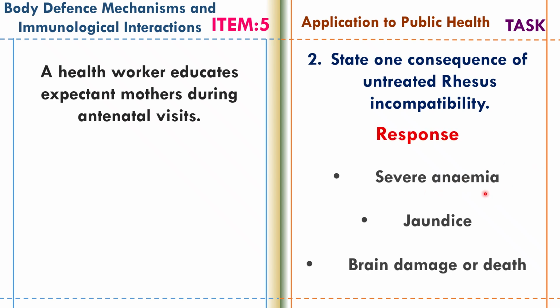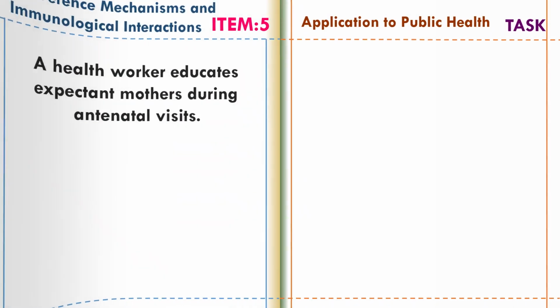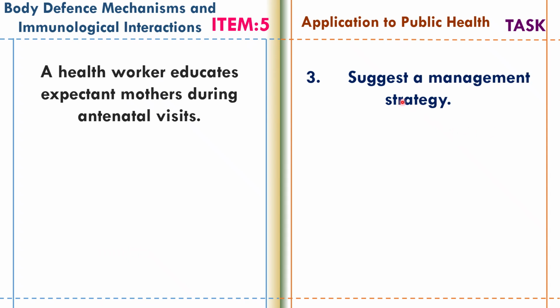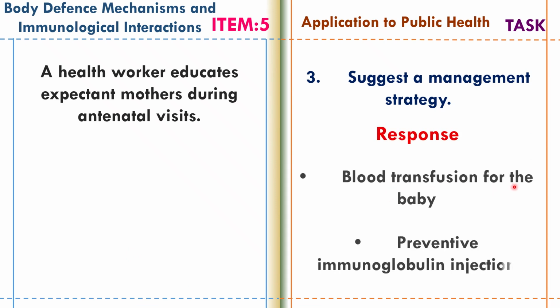Severe anemia, jaundice, brain damage, or death. Suggest a management strategy. Blood transfusion for the baby. Preventive immunoglobulin injection.